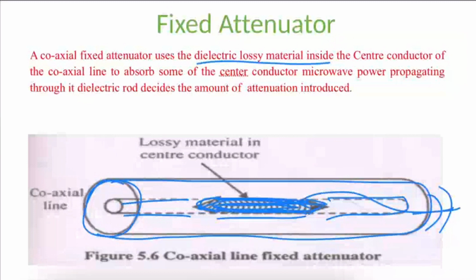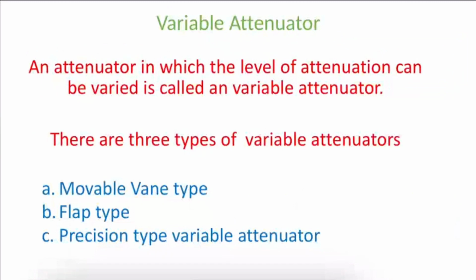Next, coming to the variable attenuator. An attenuator in which the level of attenuation can be varied is called a variable attenuator.